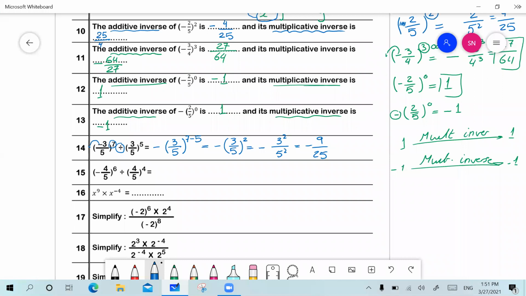Now number 15: negative 4 over 5 to the power of 6 divided by 4 over 5 to the power of 4. Who's going to answer this question?